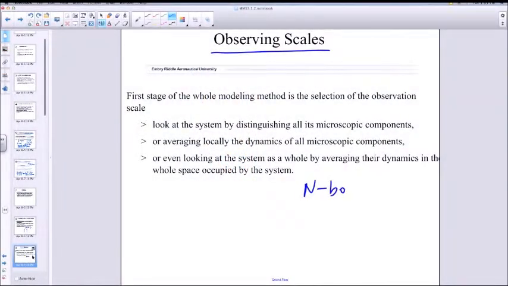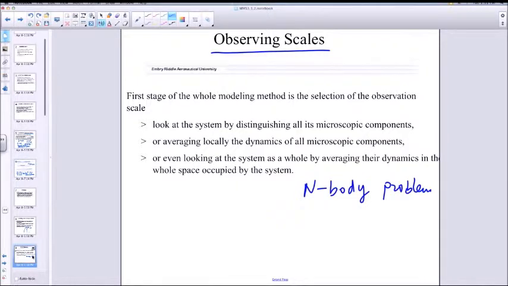So what does that mean? You look at the galaxy, and you can treat each planet like Mars and Venus as an individual object. Then you look at the gravitation, and this is called the typical n-body problem. In this n-body problem, you really look at each as an individual.